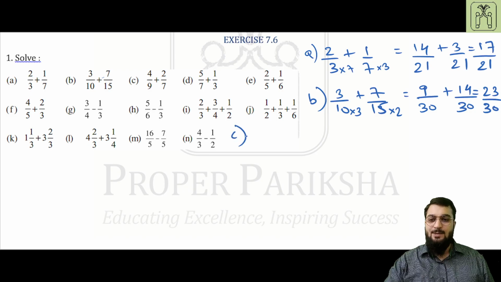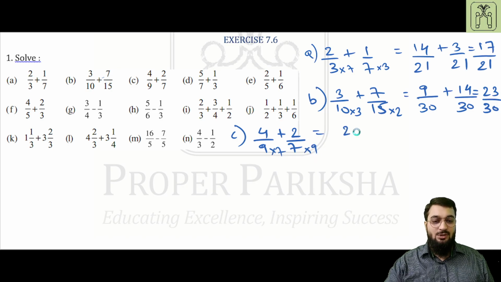Coming to part C. So part C is 4 upon 9 plus 2 upon 7, and that will give you the LCM as 9 sevens are 63. How do we take the LCM? You know about that, just calculate it, and you will get 63, and this will be multiplied by 7 and this will be multiplied by 9.